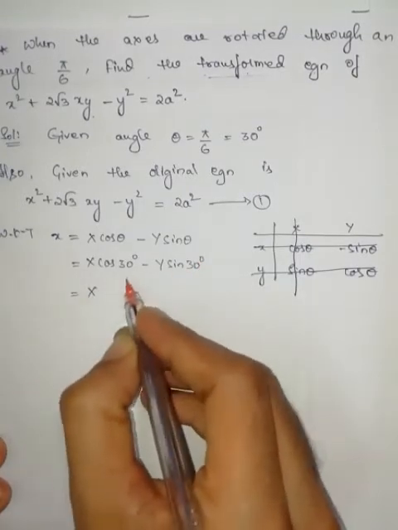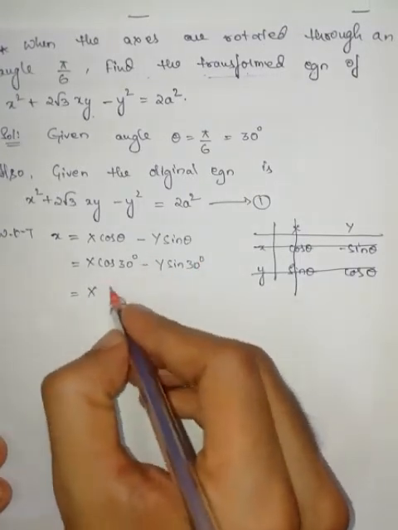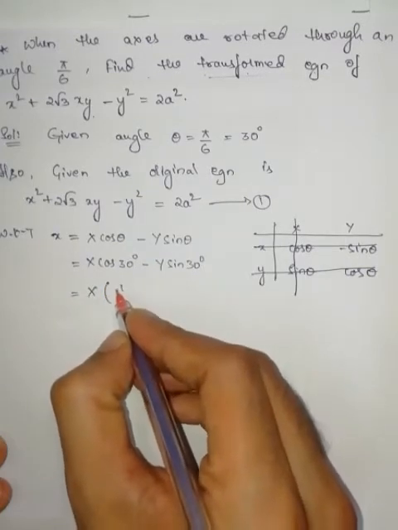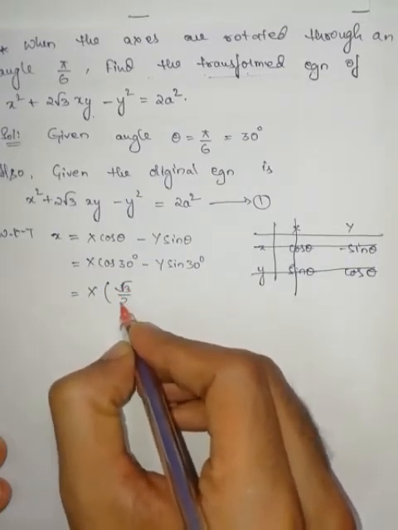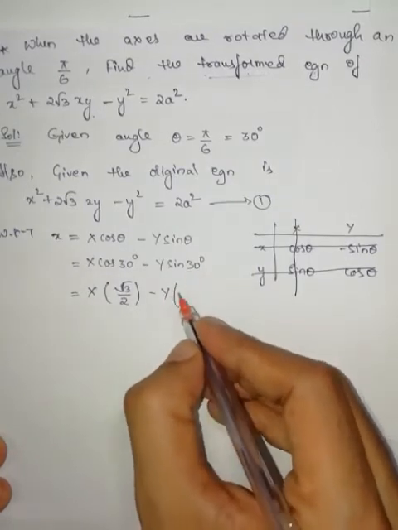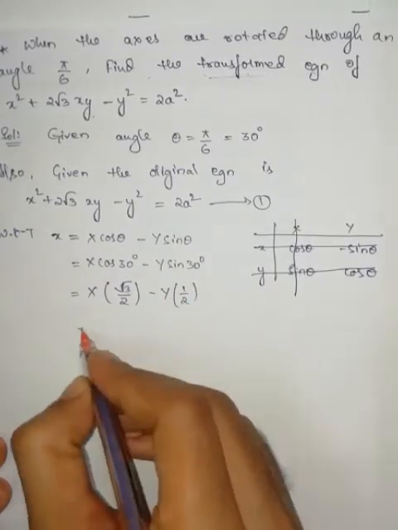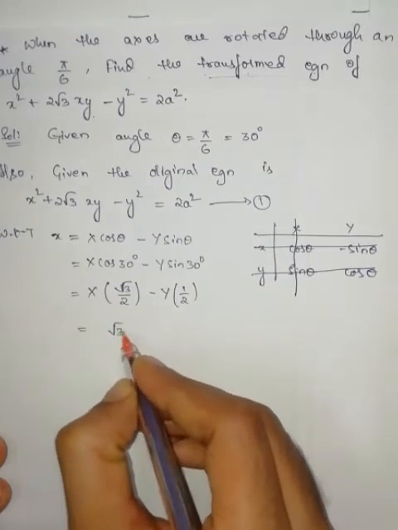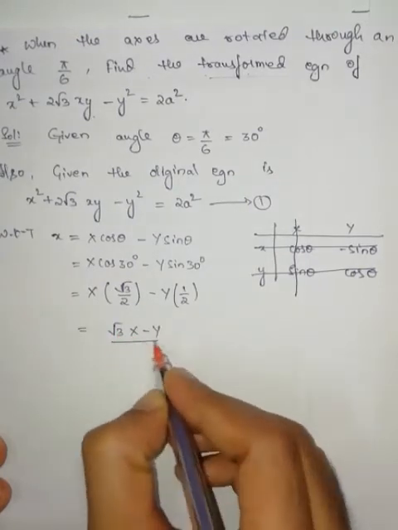Capital X cos 30 value is root 3 by 2, minus capital Y sin 30 value is 1 by 2, which is equal to root 3 X minus Y by 2.